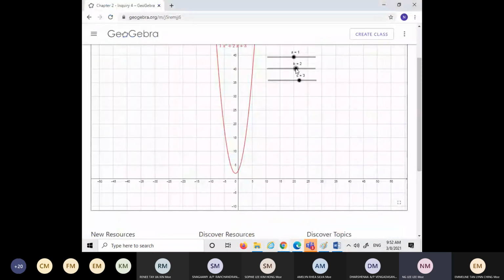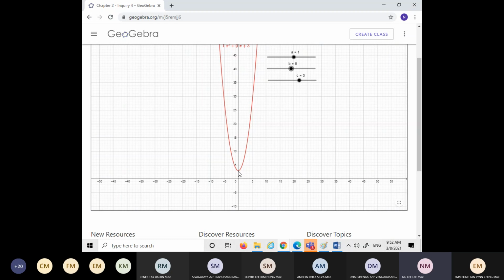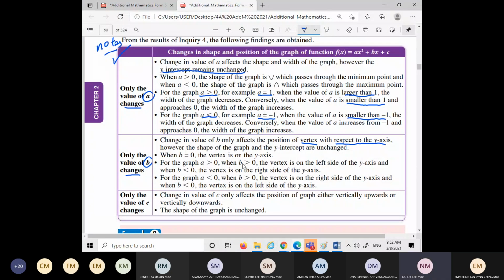When B equals 0, can you see the vertex, the minimum point here, is on the y-axis, means the y-axis itself is the axis of symmetry. For the graph where A is greater than 0, a smiling face, when B is positive, the vertex is on the left of the y-axis, and when B is negative, the vertex is on the right of the y-axis.